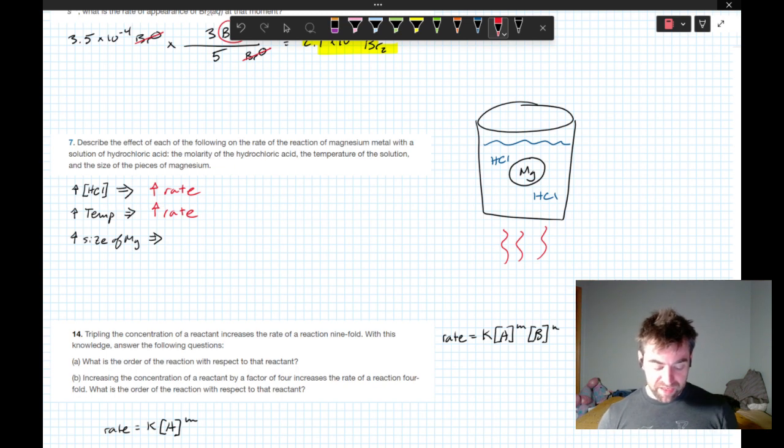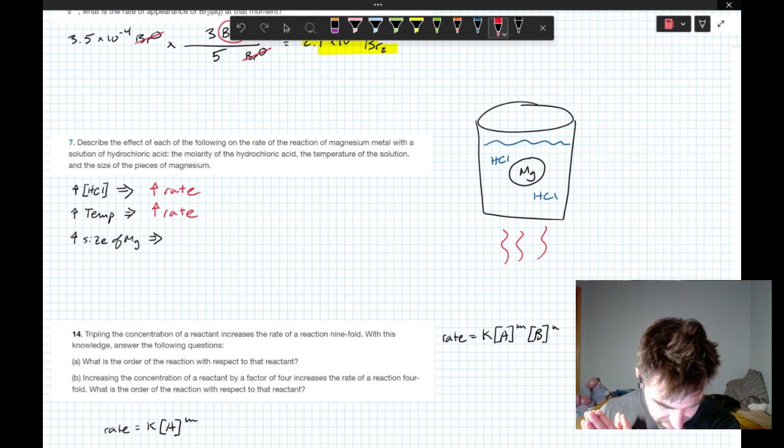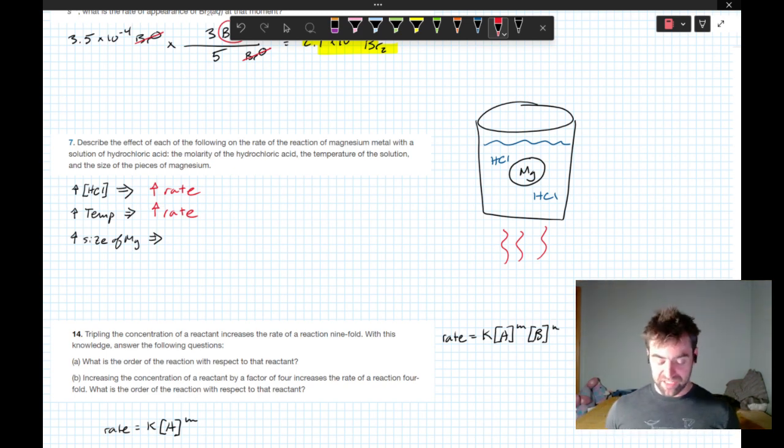Now, if we increase the size of the pieces of magnesium, I want to make sure I read the question correctly here. Describe the effect of each of the following on the rate of the reaction. So if we increased the size of the pieces of magnesium, right, let's say we keep the mass or we keep the number of moles of magnesium the same, and we just change the number of different parts.